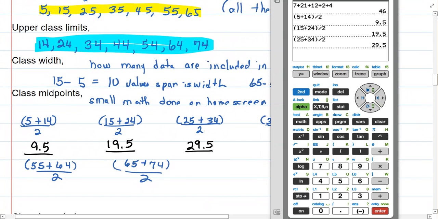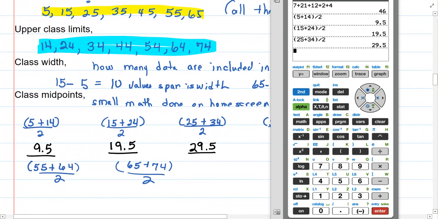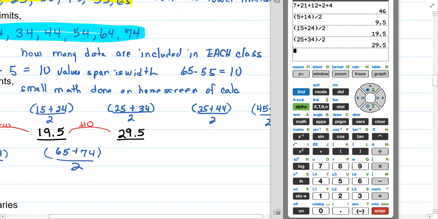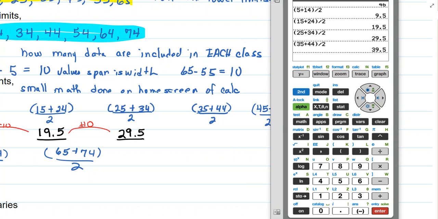And are we seeing a pattern? We can see that it is a plus 10. So we're going to do this next one and see if it's a true cycle. 35 plus the 44 divided by 2.